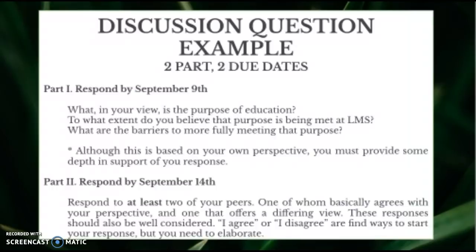When it is a 2-part response, the goal is that you respond to one person who generally agrees with your perspective and one that offers a differing view. These responses should also be well considered. I agree or I disagree are fine ways to start your response, but you need to elaborate.